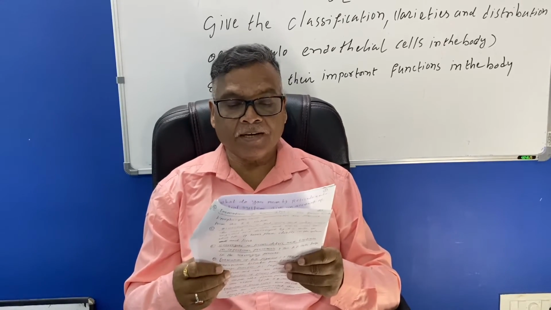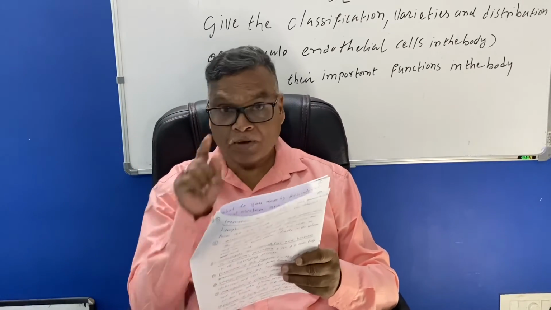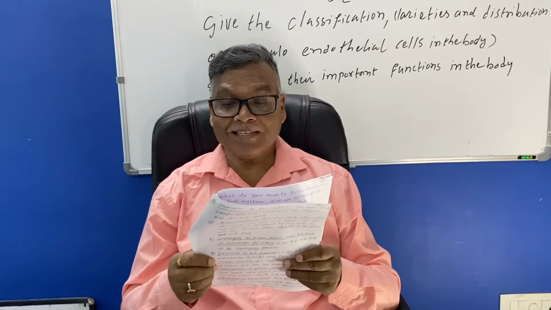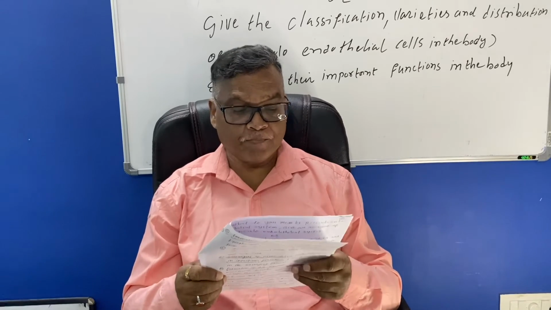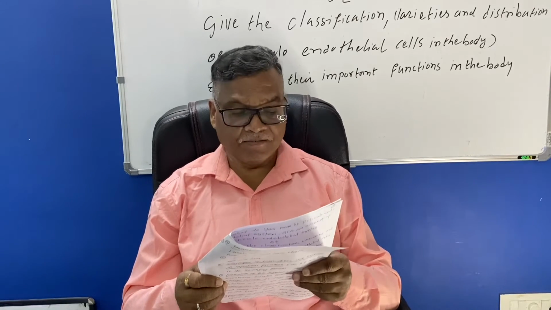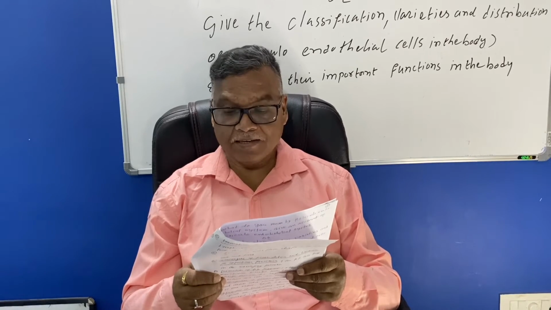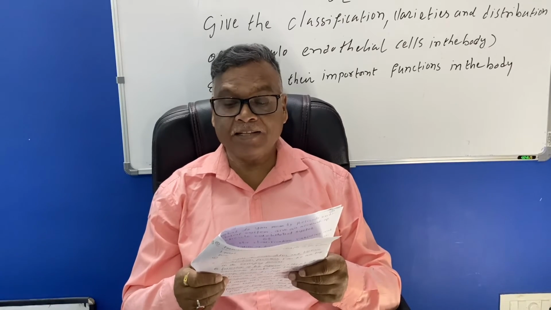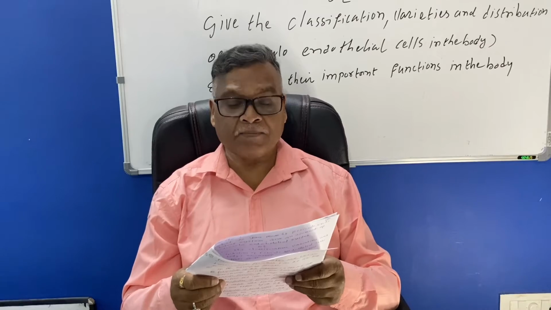Now give the heading C: Functions of reticulo-endothelial system. Underline it. Number 1, phagocytosis. This is the main characteristic property of the system of cells. Full stop. They engulf foreign particles, bacteria and parasites, and in this way act as a great defensive mechanism.